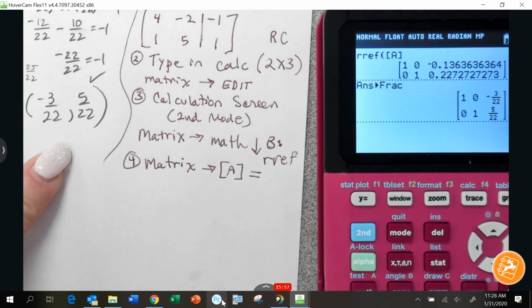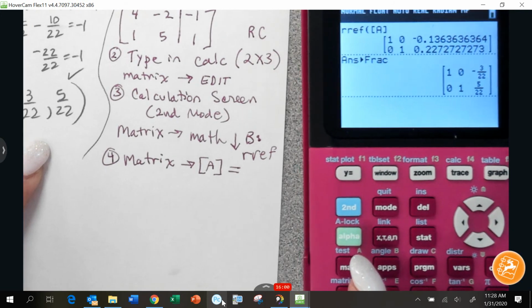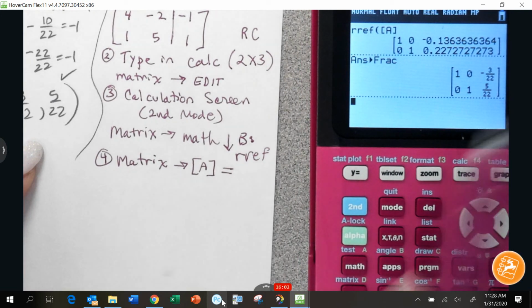Do you see there's some fractions in there that look familiar? There's some other stuff too. So I'm going to write this down and then explain to you.